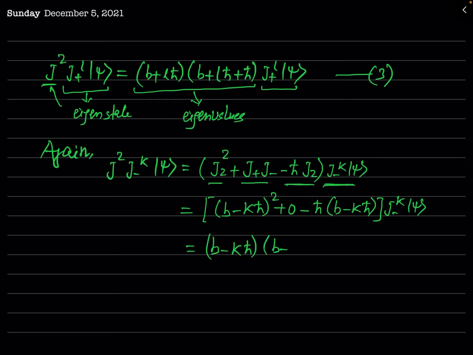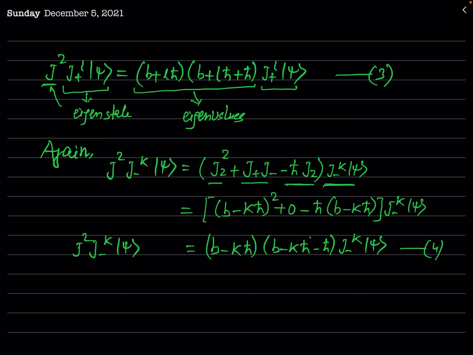Here there will be again (b − kħ), and in the last term there will be minus ħ, and this eigenvector J_minus k ket psi. So you can say that this J square J_minus k ket psi is equal to this much. Let us say this is equation 4.